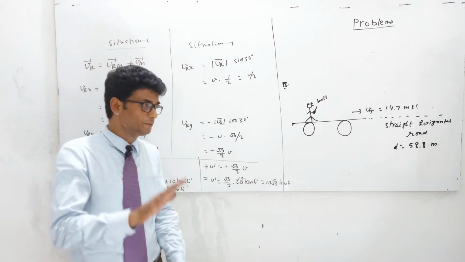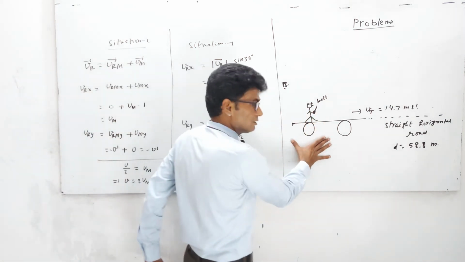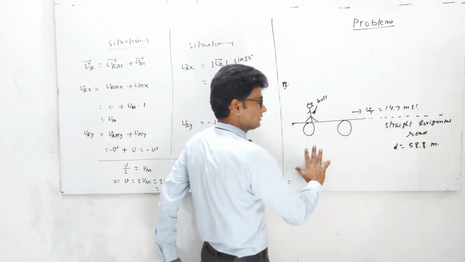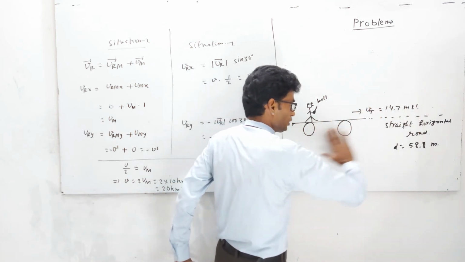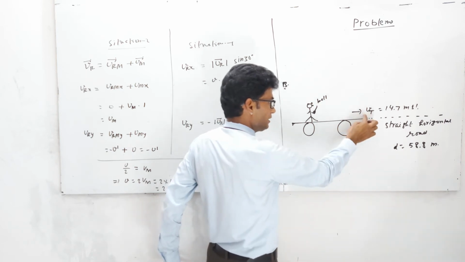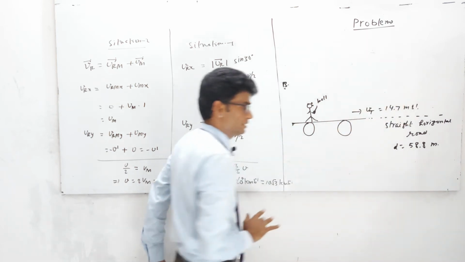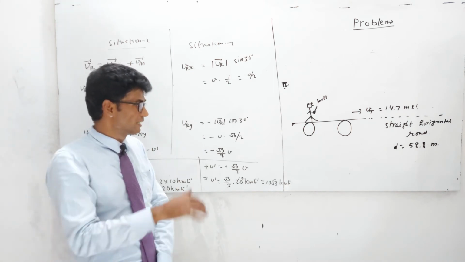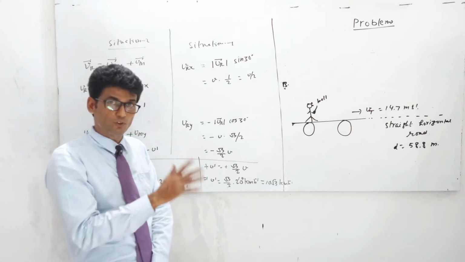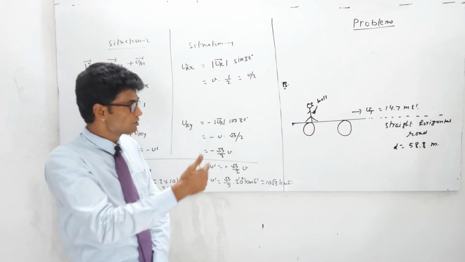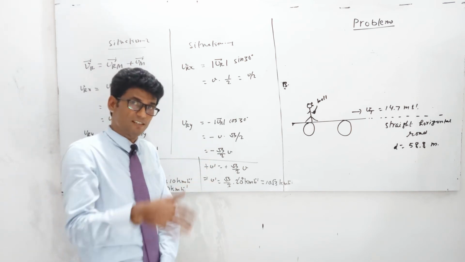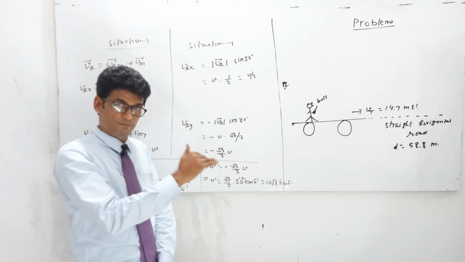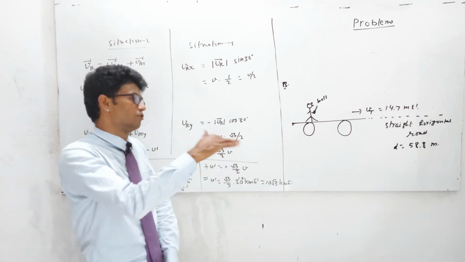I am going to repeat again. There is a truck that moves in a straight horizontal road with a speed 14.7 meter per second. A person is standing on the truck, not moving on the truck, and throws a ball in such a way that the ball again comes to the hand of the person or may fall on the truck.